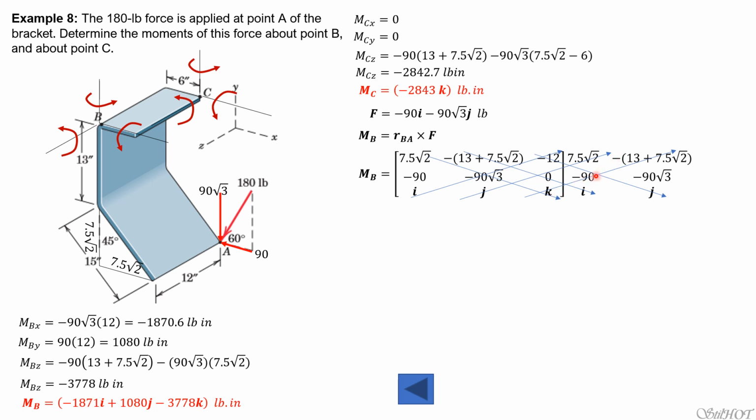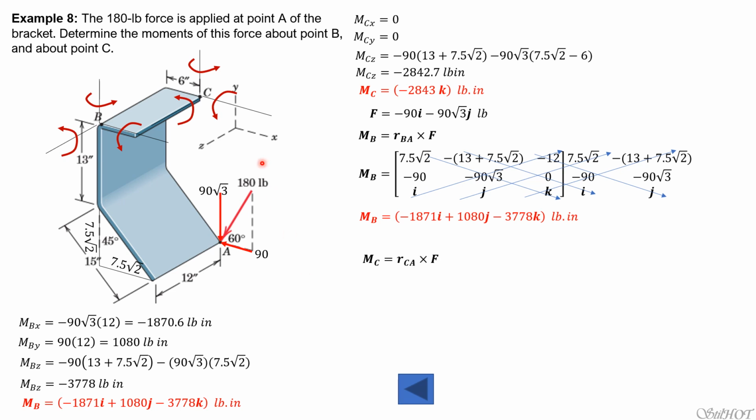So minus 90 times quantity 13 plus 7.5 square root of 2, which is this. So it's the same. So the result would be the same as MB, which is negative 1071i plus 1080j minus 3778k pound. Finally, for C, we have to define moment about C is RCA cross F.